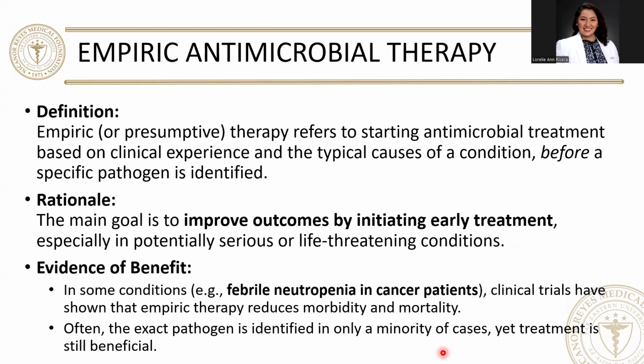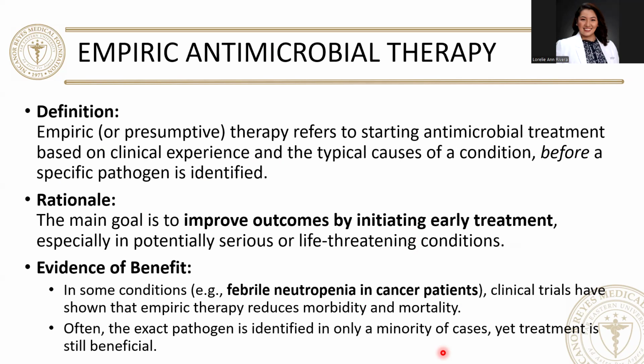Excuse me. So basically, when you say empiric antibiotic therapy, it is when you start a certain antibiotic for a certain patient, for example. A patient came to the emergency room with difficulty of breathing, and upon physical examination you have desaturation, tachycardia, tachypnea, and crackles all over the lung fields.